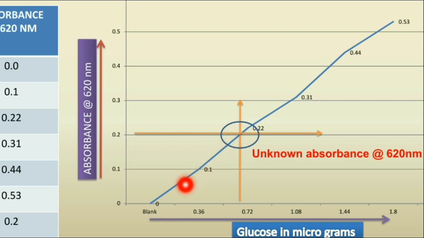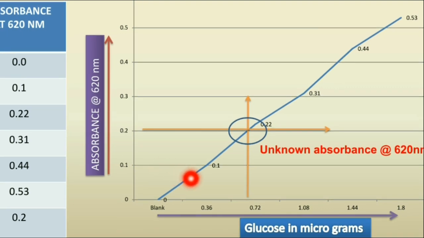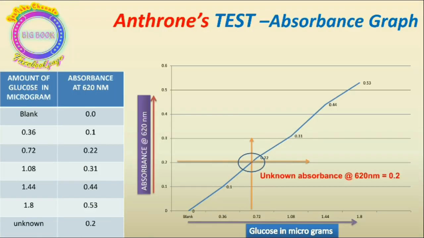The working standards have given the exact readings, which have been placed accordingly. But for the unknown, we have the absorbance reading of 0.2, which is going to fall on the standard curve, and the intersection is going to come here.